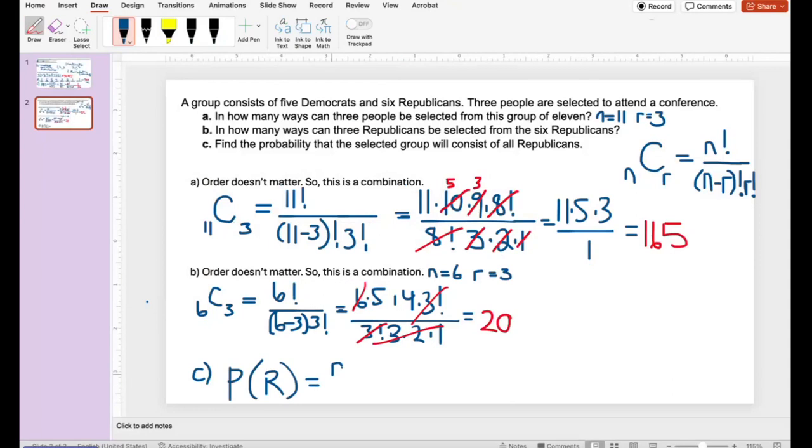So it's the number for the combination for Republicans, right? The number in 6 choose 3, divided by, let me just write it this way.